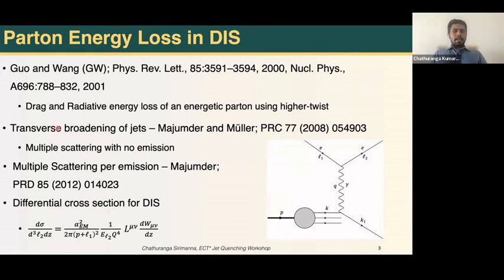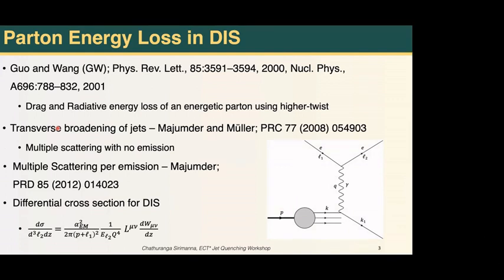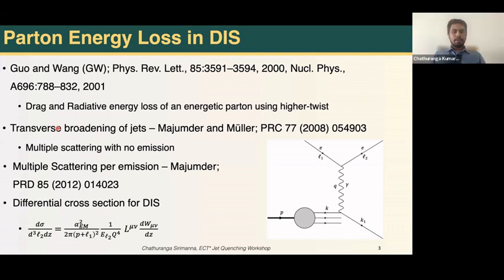In their calculation, they use single scattering per emission approximation, which is valid for high virtuality partons. When partons have lower virtuality, they tend to have multiple scattering, and there are several studies that use multiple scattering to study parton energy loss, transverse broadening, etc.